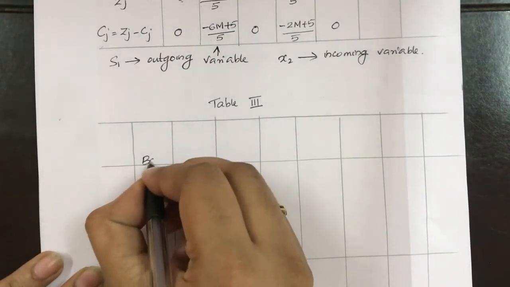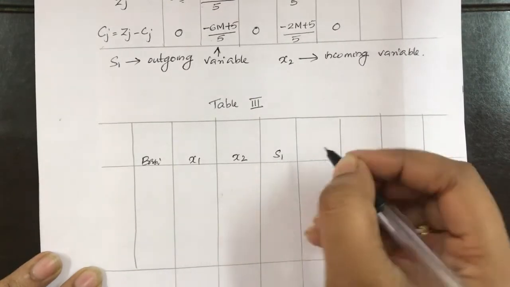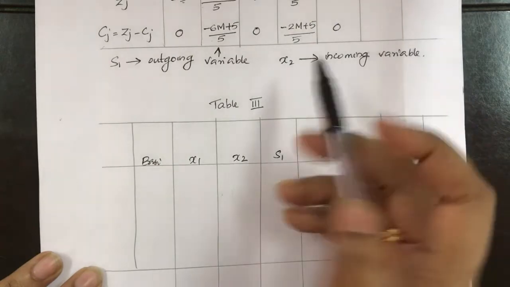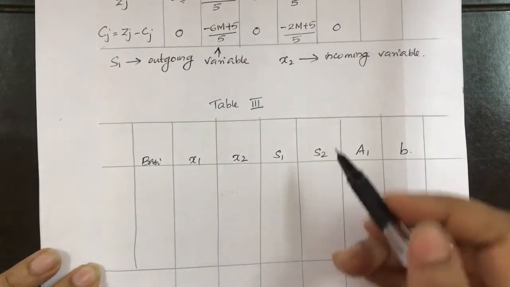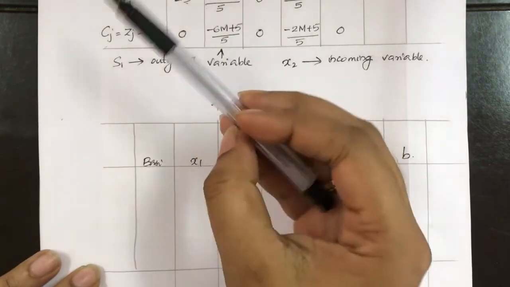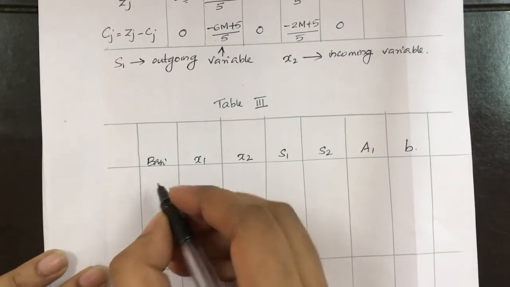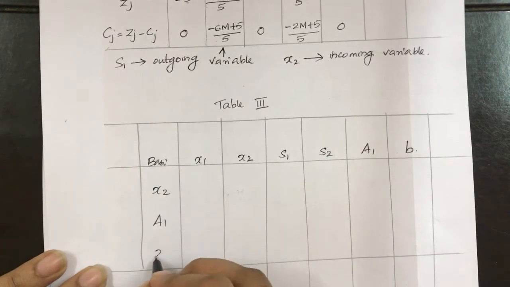Here also this is x1, x2, s1, s2, a1, b. Since outgoing variable is a slack variable, we need to include slack variable also. If the outgoing variable is an artificial variable, we can eliminate the artificial variables column. Okay. So base is x2, a1, x1.